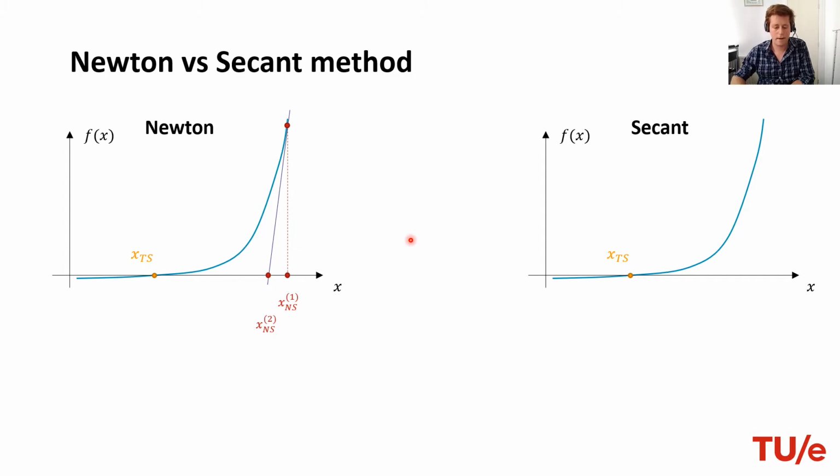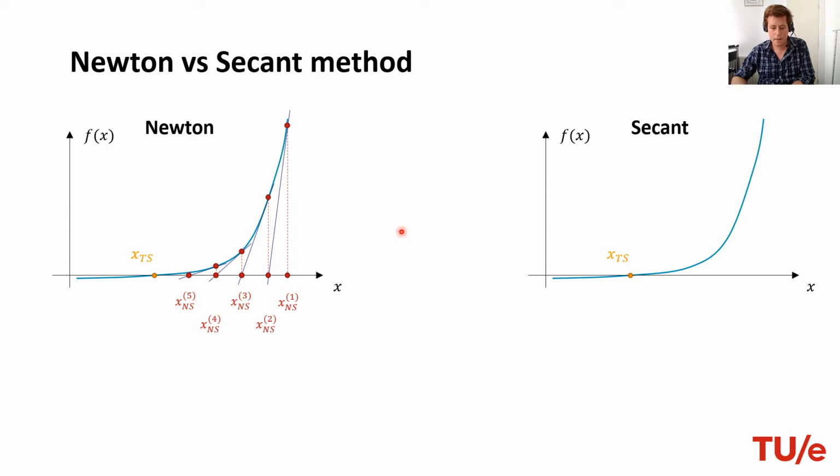So that is where the solution in iteration 2 is, and we repeat this process. Again, compute the function, compute the tangent line, and we have a new value for the solution. And we repeat this process, and we see that in this way we can close in on the true solution.